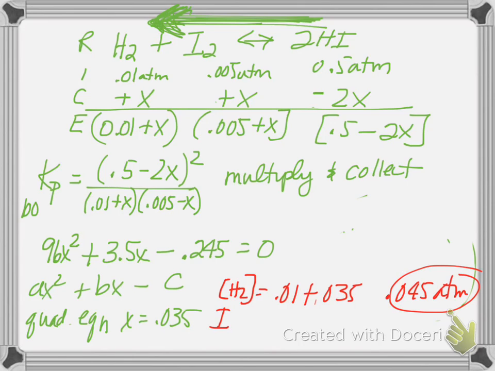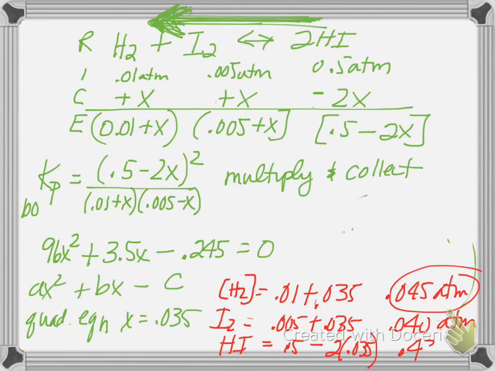And then I2, 0.005 plus 0.035 is 0.04. And then HI, 0.5 minus 2 times 0.035, so 0.43.